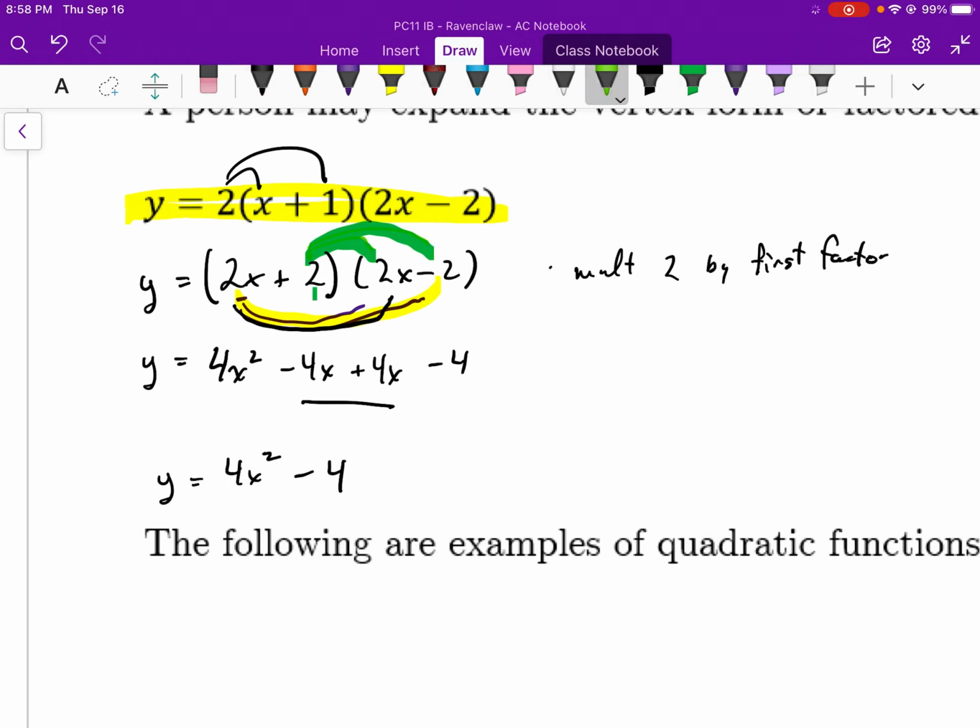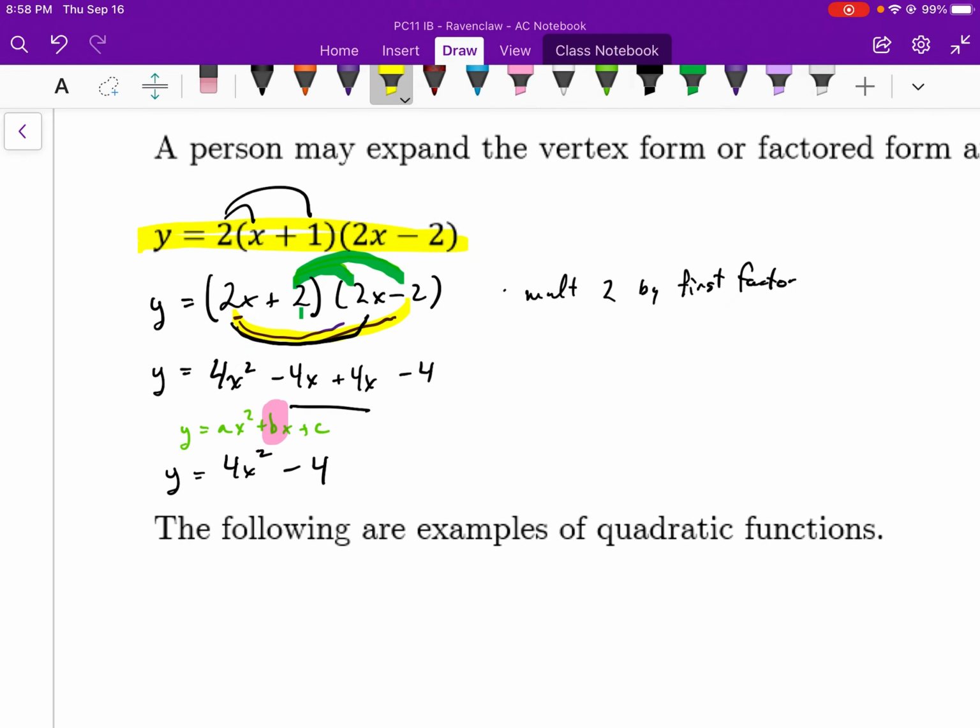It may be important to note that when we take a look at general form, it's ax squared plus bx plus c. In this quadratic function we've seen below, the bx term, that is the coefficient b, is 0. And when that happens, the term doesn't appear.